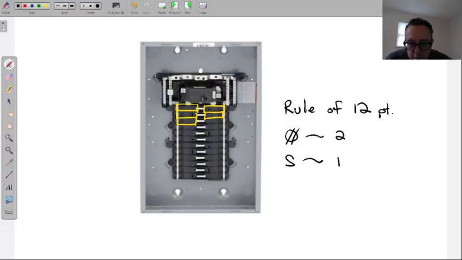So any combination you want on a breaker, as long as you don't exceed 12. So I can put 5 outlets and 1 switch on a 20 amp breaker. Remember, the switch is going to feed lights. These days, you don't even have to worry about light bulbs in the world of LEDs, but when we say switch, we mean the lights the switches are going to control.